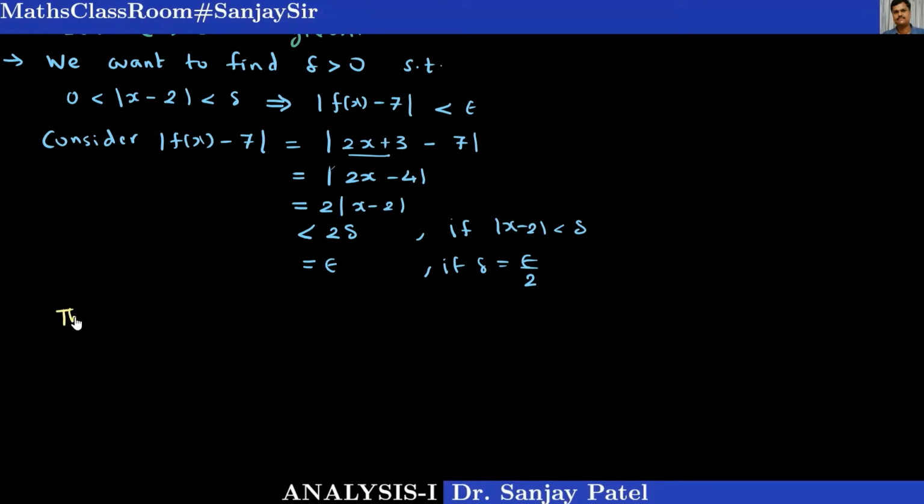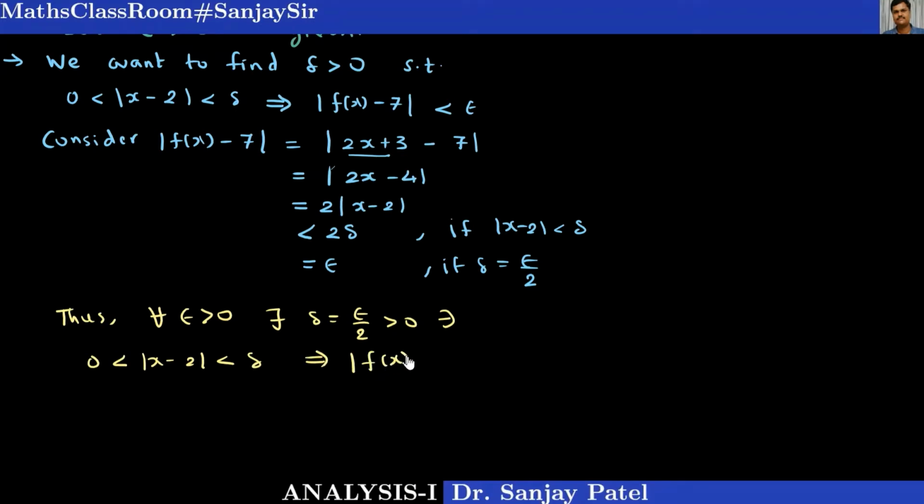So thus we have proved that for every epsilon greater than 0, you can take delta equal to epsilon by 2 or something less than that and positive, such that whenever 0 < |x - 2| < delta, implies we have |f(x) - L|, which is 7 here, less than epsilon.